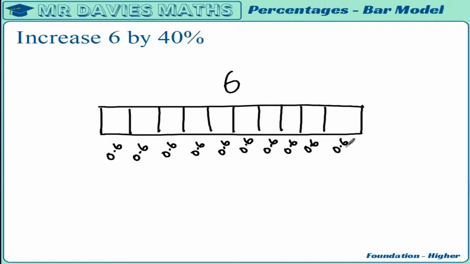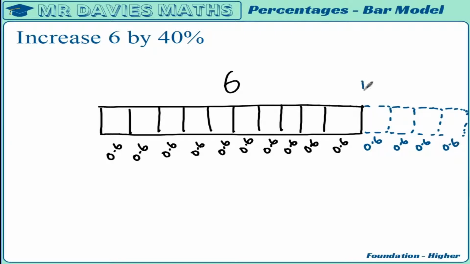Okay, so I'm going to add on 40%, so I need to add on 4 boxes. 1, 2, might run out of space here, 3, and 4, just enough room. So in those boxes there's also 0.6, 0.6, 0.6 and 0.6.